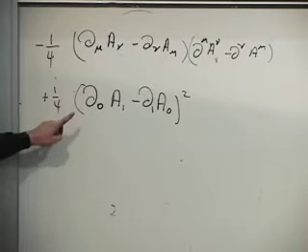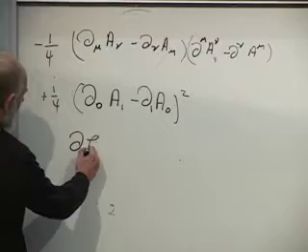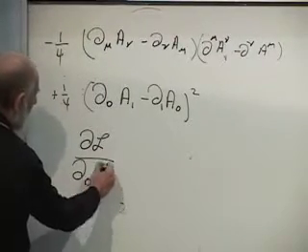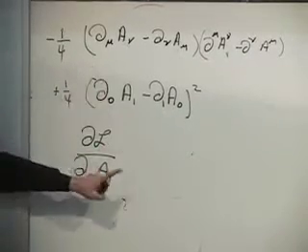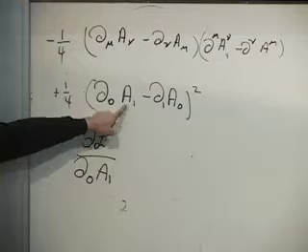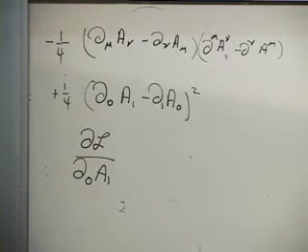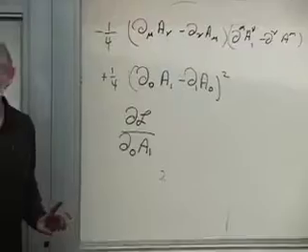All right. Let's take the derivative of the Lagrangian with respect to d naught a1. Can anybody differentiate this expression with respect to this argument here? It only depends on the derivative, so it'd be 0, right? No. We want to differentiate with respect to the derivative.